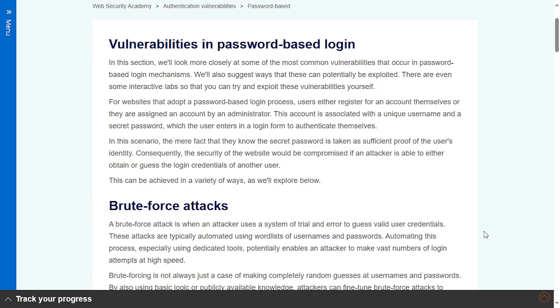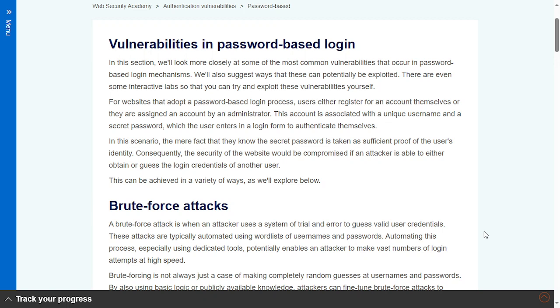For websites that adopt a password-based login process, users either register for an account themselves or they are assigned an account by an administrator. This account is associated with a unique username and a secret password, which the user enters in a login form to authenticate themselves.